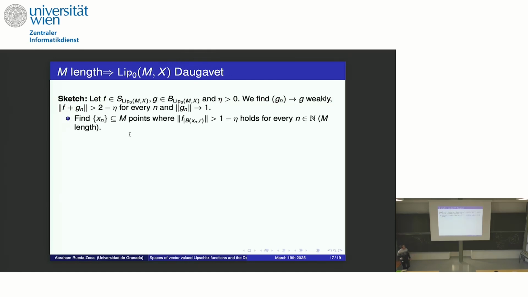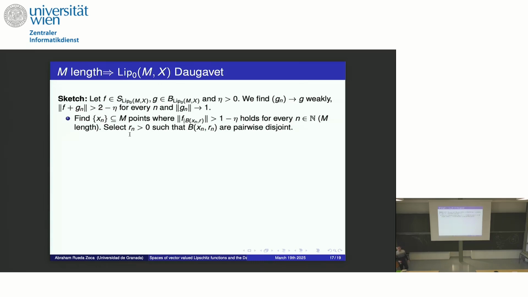Okay, what now? I'm going to find infinitely many points Xn where f has big localized increasing quotient. This is something possible by the length definition. That is, I can find infinitely many points with that property. And if I found infinitely many points, I'm going to separate them by pairwise disjoint balls.